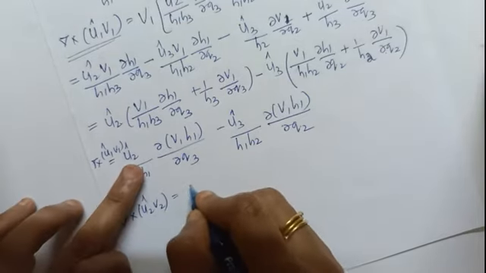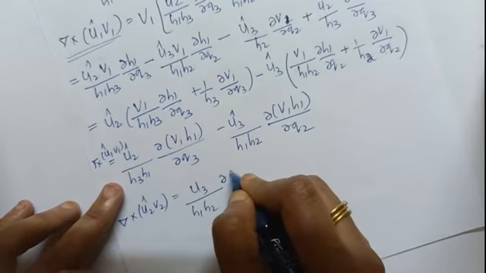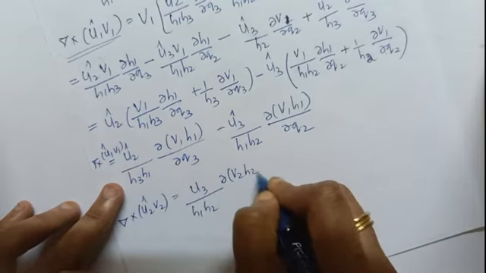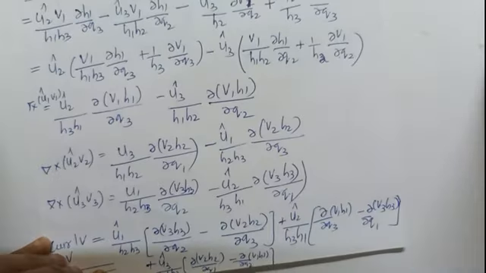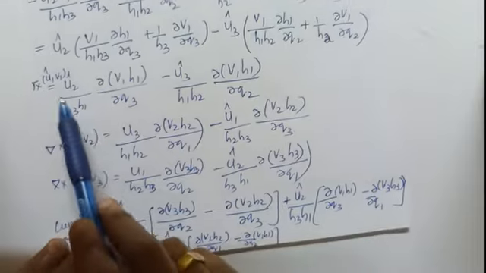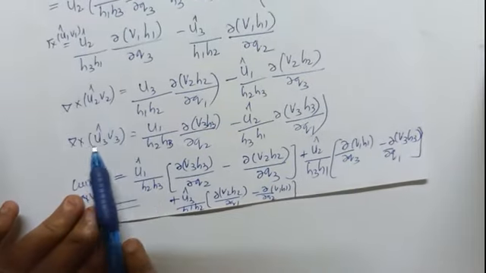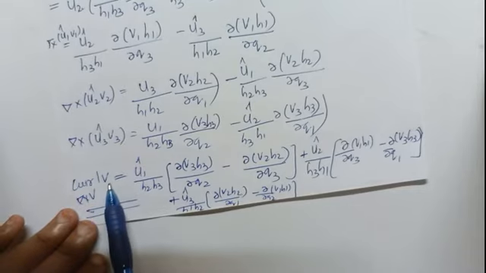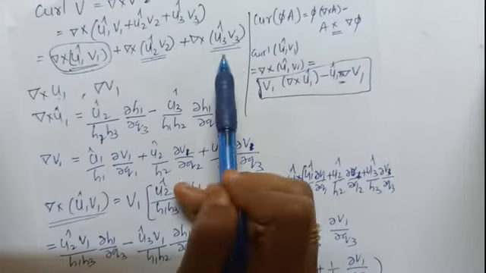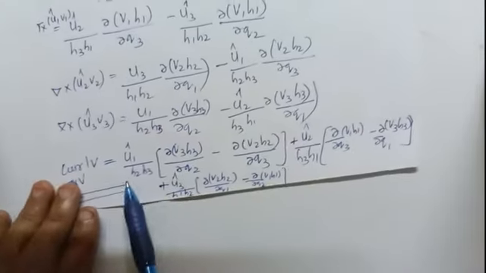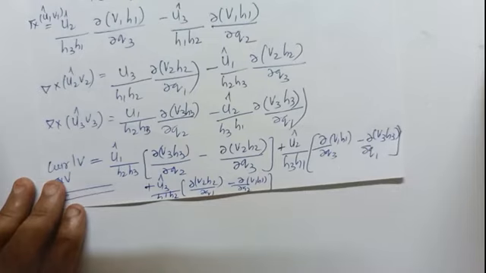Cyclically, this 2 will become 3, 1, 2, with the partial derivative of v2 h2 by dou q1. So we have written del cross u1 v1, del cross u2 v2 and del cross u3 v3, and finally curl v, or del cross v, by adding up these three terms, and we have written it like this.